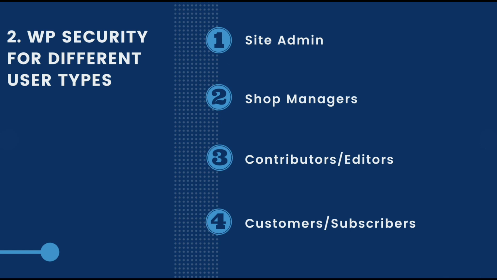You might not want them managing the security settings and other site admin stuff. We're going to show you how to prevent a shop manager from being able to access and make changes to your security settings. But again, they both have high privileges.